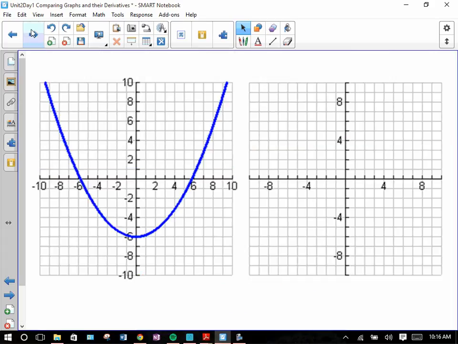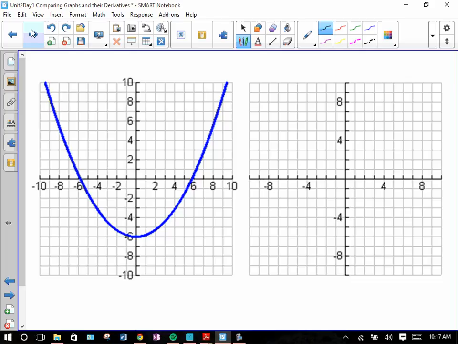So, not quite as easy of a graph. This is a pretty simple one, but here's what we need to see. The slope is not constant all the time. Correct? The slope is changing. So this slope is not going to be a horizontal line.